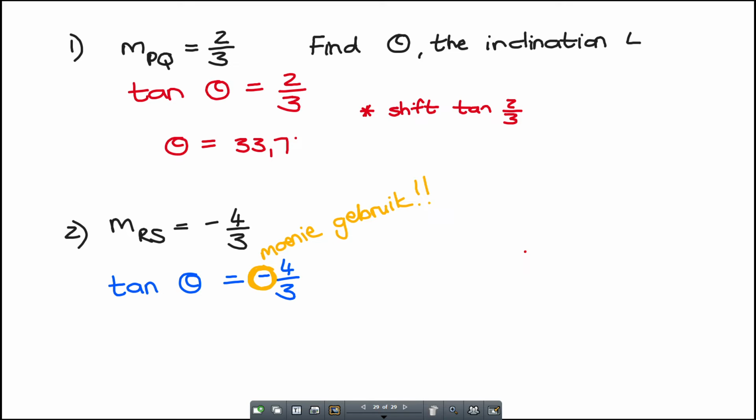Moenie hom gaan gebruik nie. Hulle sê daar vir jou, if the gradient is negative, then 180 minus calculate the answer. Want, denk gou vir jouself mooi, nee? As ek 'n reguit lyn het met 'n negatiewe gradiënt, kyk gou daar.